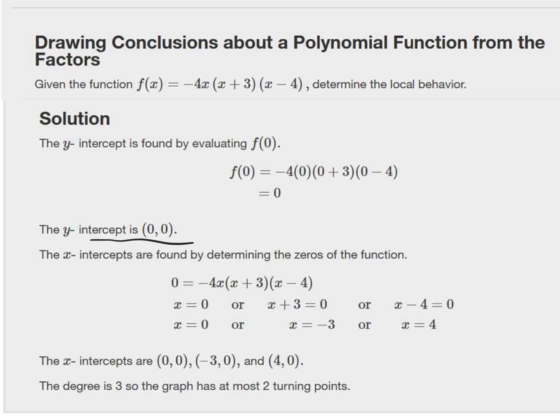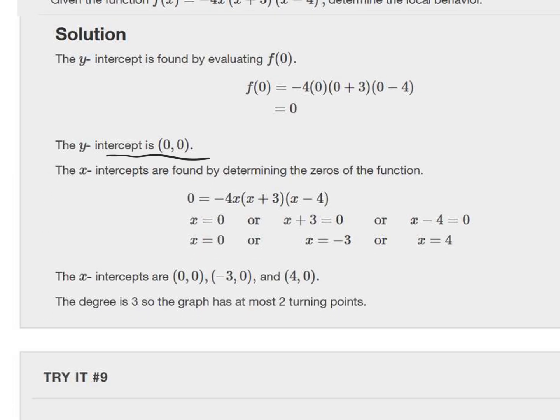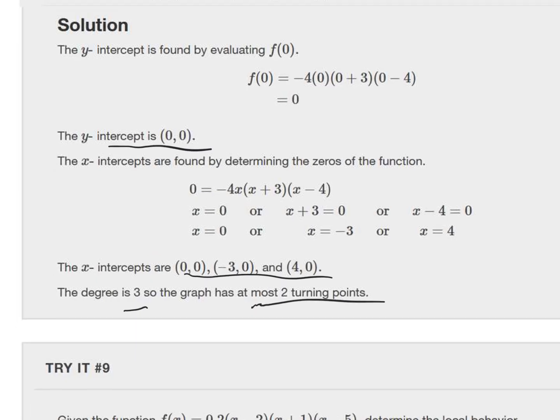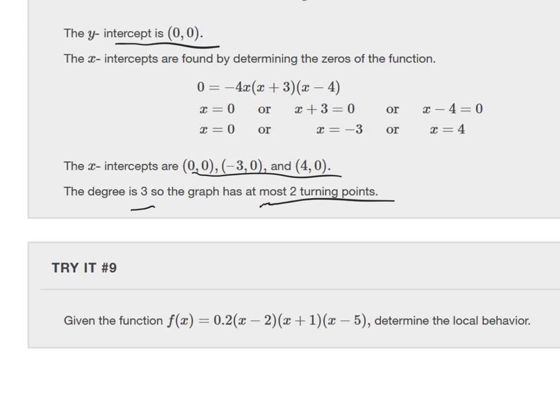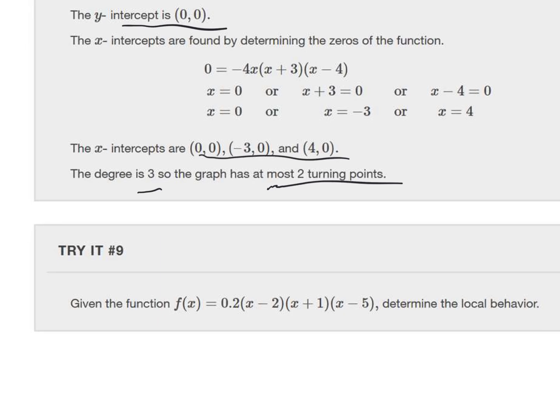There's all the work. There's my 3 x-intercepts. What do they say? The degree is 3, so the graph could have at most 2 turning points. Yeah, they're assuming that it's enough. Try it, I'll leave that one for you. It's not much different. Try it, number 9.